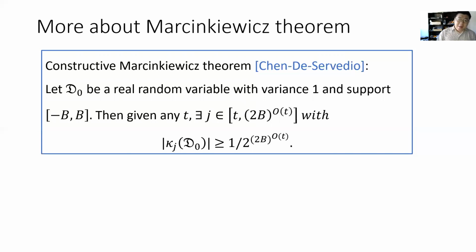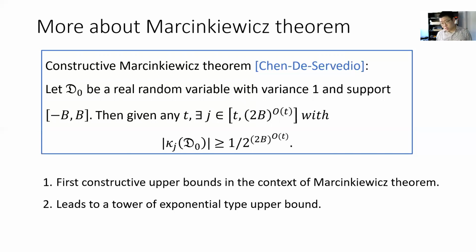This finishes the whole theorem. A few remarks. First of all, to the best of our knowledge, this is the first constructive upper bound in the context of Marcinkiewicz's theorem.